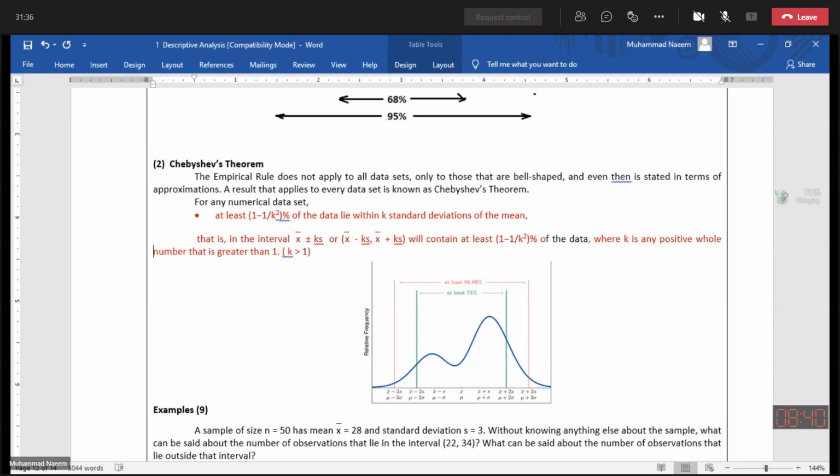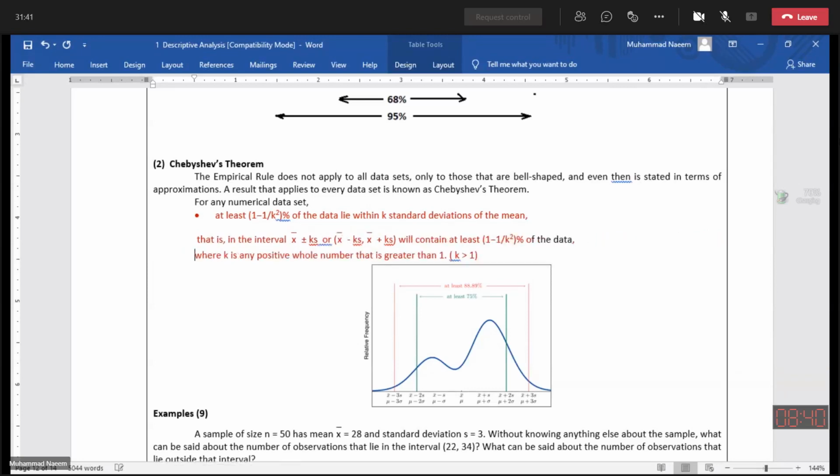Remember in this case, the value of k is greater than 1.